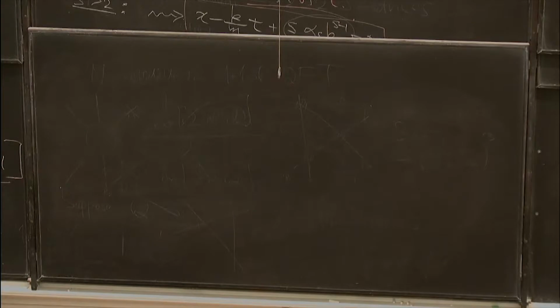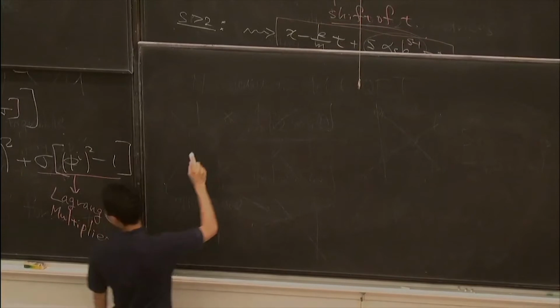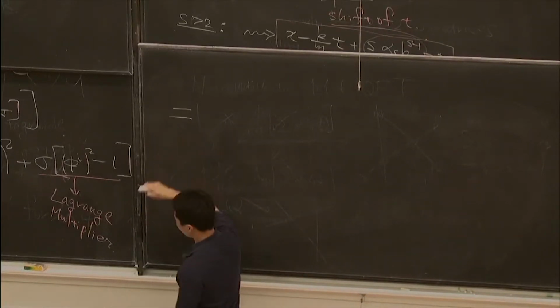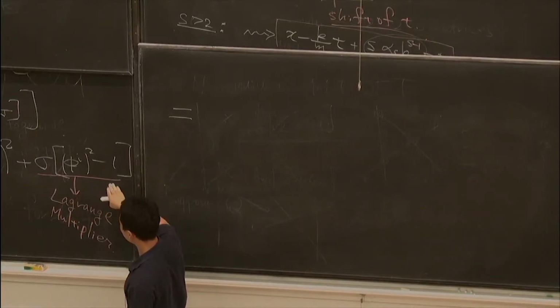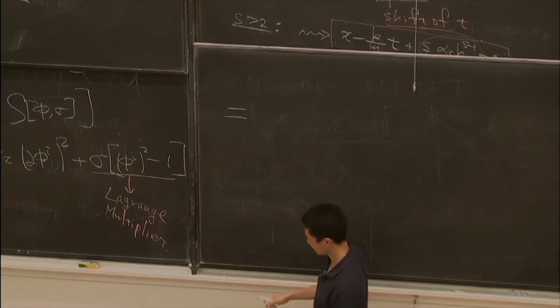So the partition function, to compute the partition function, the first thing you can do is to integrate out the phi_i's, because obviously phi_i is just Gaussian.